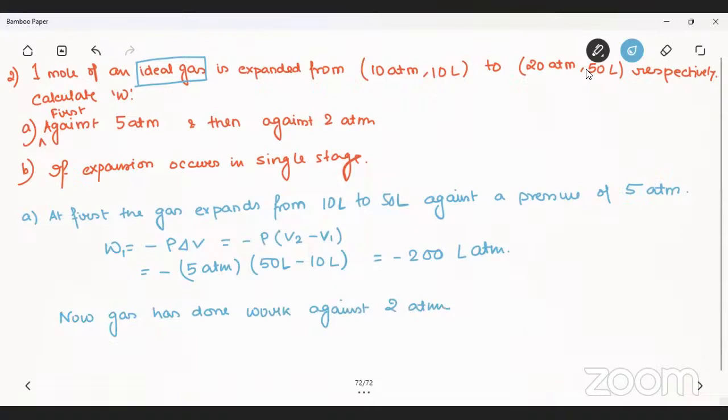So what is the work done? It's 2 atm times 50 minus 10, so it's minus 80.